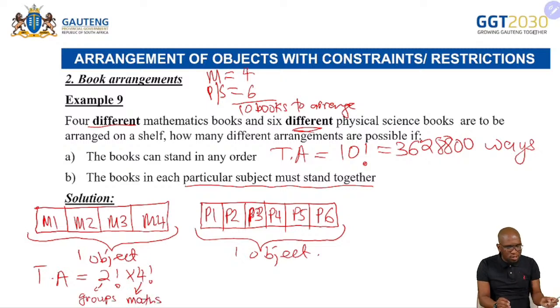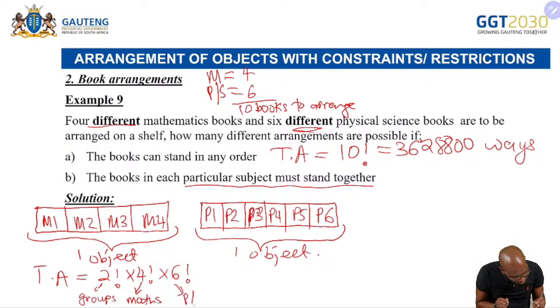And then if you look at the physical science books, they can also interchange those respective positions. In how many ways can they do that? Since there are 6, they can do that in 6 factorial ways. That would be for the physical sciences.